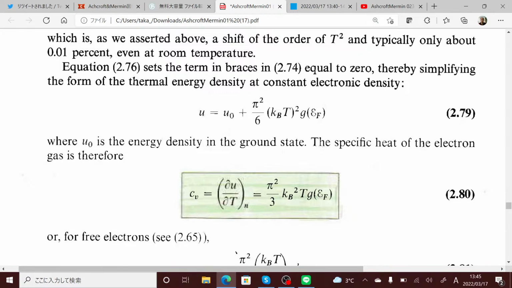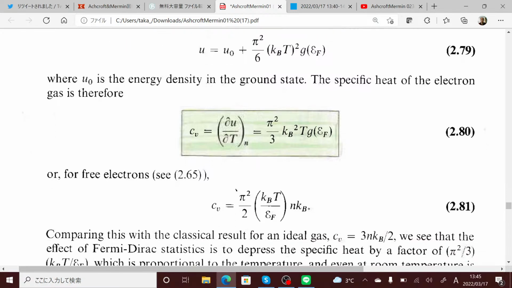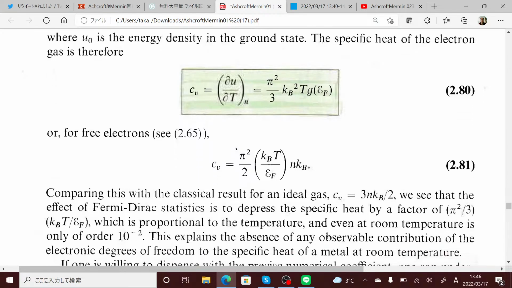The specific heat of the electron gas is therefore CV, partial U partial T at constant N, equal to pi squared over 3 kB squared T G of epsilon F. For free electrons we replace G of epsilon F using N. I think I don't have to check this.